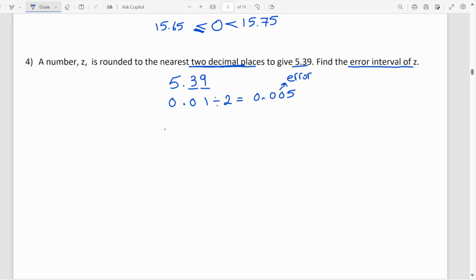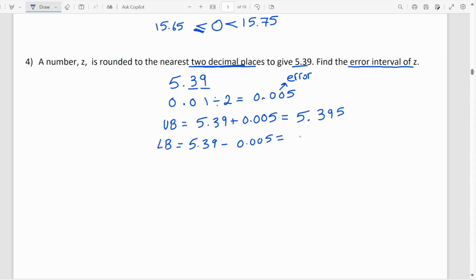Now, to find the error interval, we need the upper bound and the lower bound. So I'm going to go ahead and find those. So 5.39 plus 0.005, we get 5.395. And the lower bound is 5.39 minus 0.005, and we get 5.385.